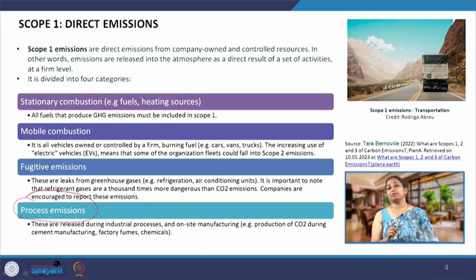If we do not have manufacturing, for example, if it is just a service provider company, there the process emissions might be significantly low. There the scope 3 might go higher, which we will come to.